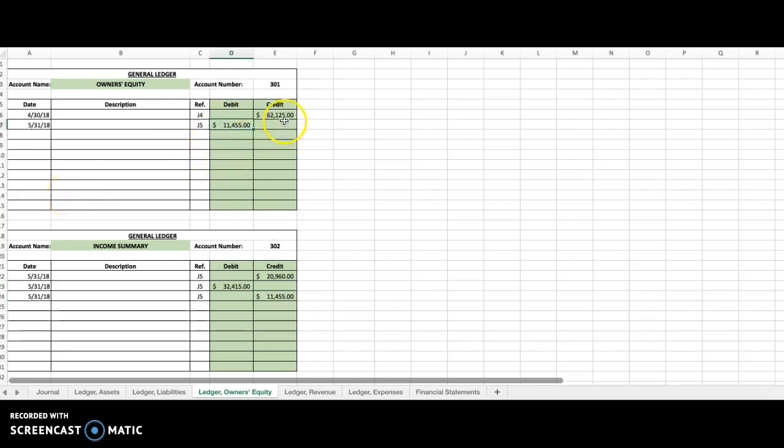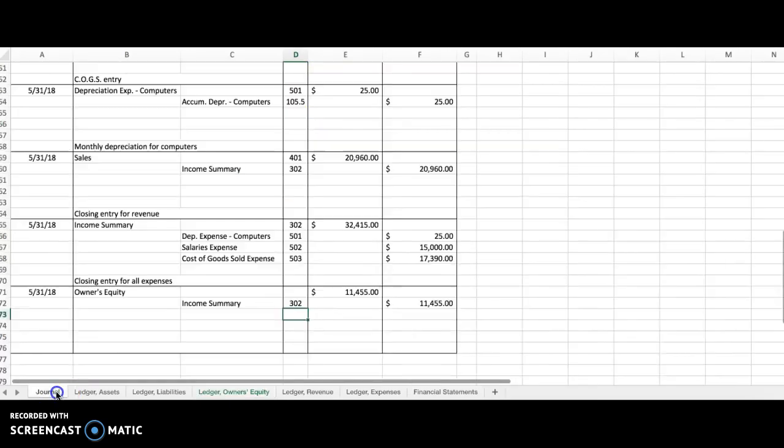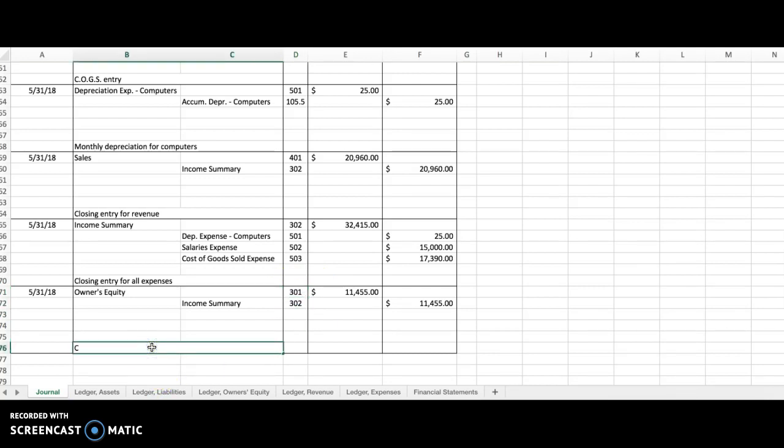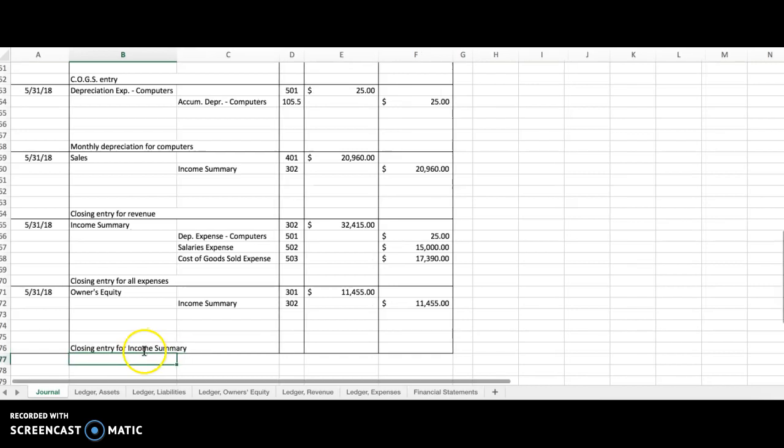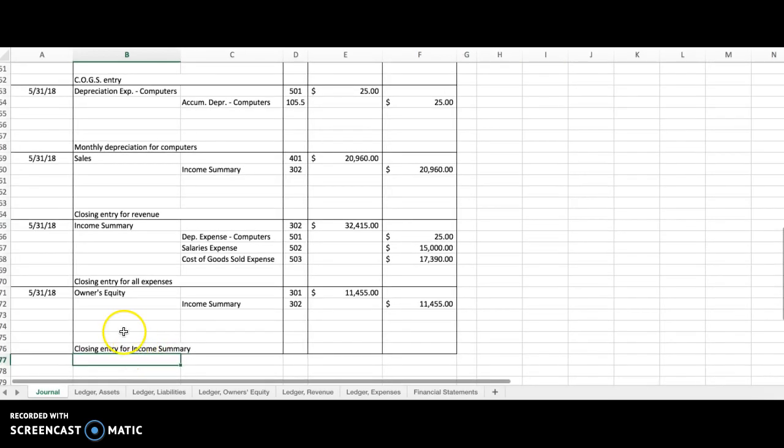Let's put our number back into the journal and finish this part of it. So we've closed income summary. So we open it up and close it the same day.